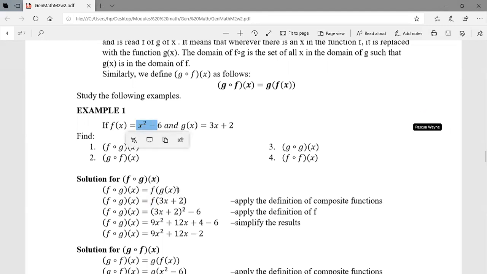So the x of f, we replace with the function g of x, 3x plus 2. So we have here 3x plus 2 raised to the power of 2 minus 6.